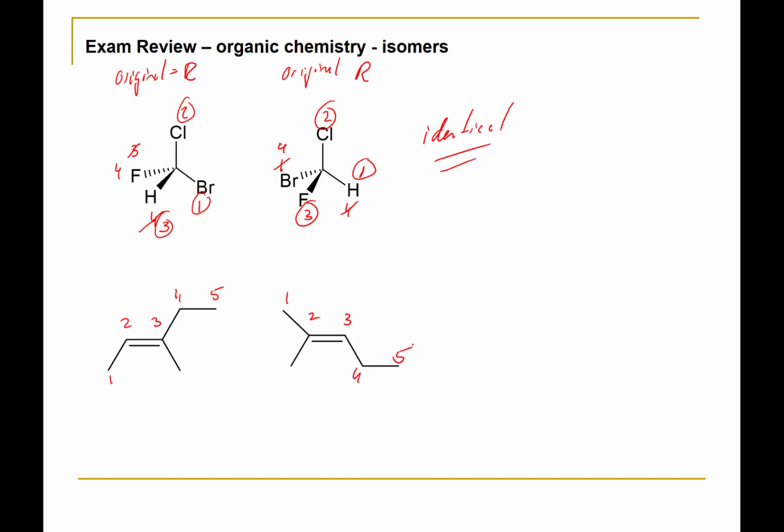But on the left-hand side, my methyl group is on carbon 3, whereas on the right-hand side, my methyl group is on carbon number 2. Therefore, these have a different attachment of atoms. Because they have a different attachment of atoms, they are structural isomers. So I don't even consider whether or not they're stereoisomers, because if they're structural isomers, they can't be stereoisomers.